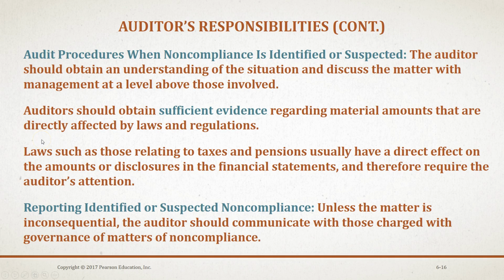The auditor should obtain sufficient evidence regarding material amounts that are directly affected by laws and regulations. Laws, such as those relating to taxes and pensions, usually have a direct effect on the amounts or even disclosures in the financials. Therefore, they require more of the auditor's attention.